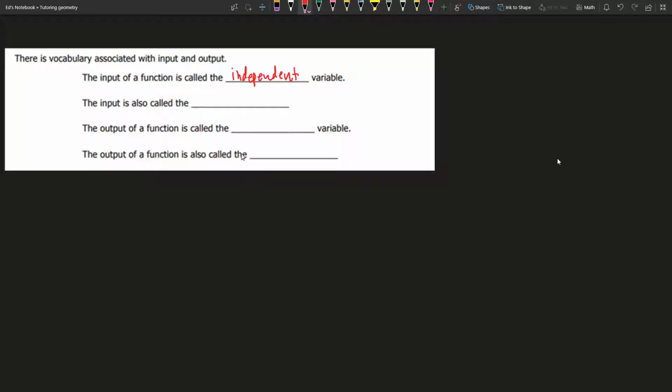The input is also called in math the domain. The output of a function is called the dependent variable, because this depends on whatever you input. And in math, all the inputs are called the domain. All the outputs are called the range.